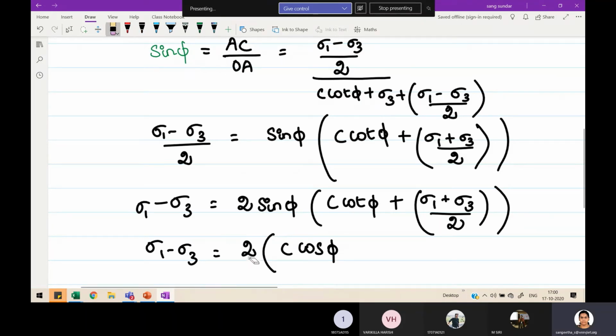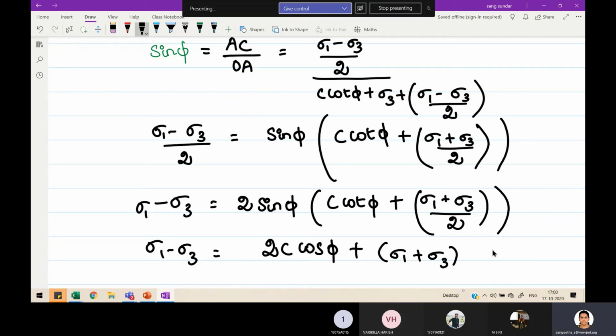So we take the 2 inside also: 2 sin phi, and this is cos phi by sin phi. So sin cancels, and you got cos phi, plus this 2 and this 2 cancel, and you get sigma 1 plus sigma 3 into sin phi. Right?